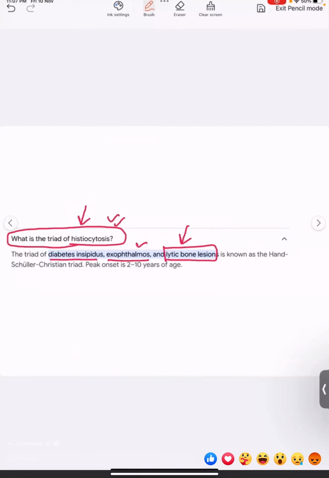Okay, this is a diagnostic criterion for the lytic bone lesions. There are multiple types of histiocytosis, like histiocytosis X syndrome or Letterer-Siwe syndrome, and multiple types. Okay, you need not know this for this exam, but yes, lytic lesions are essential to make a diagnosis of histiocytosis.